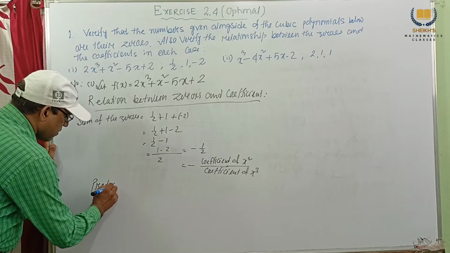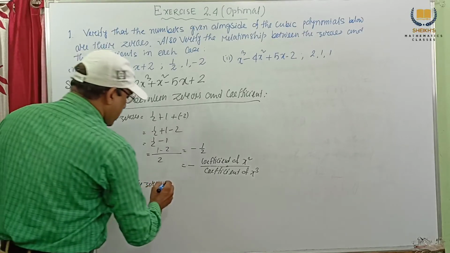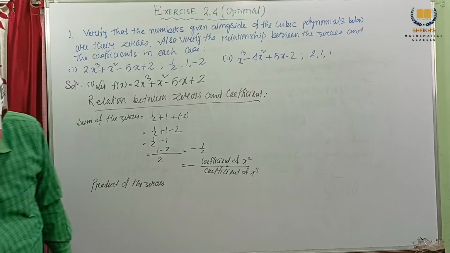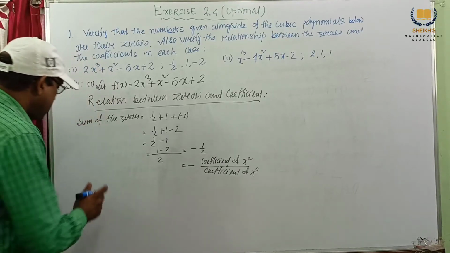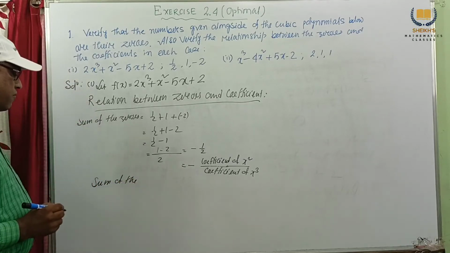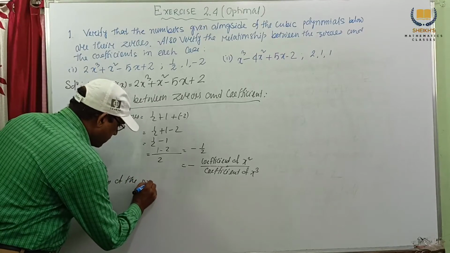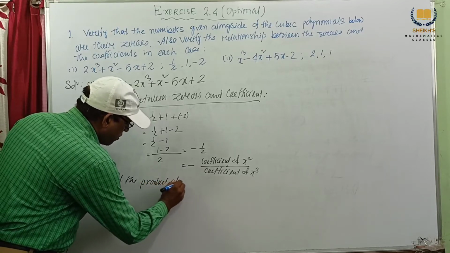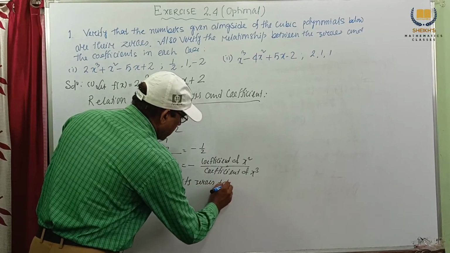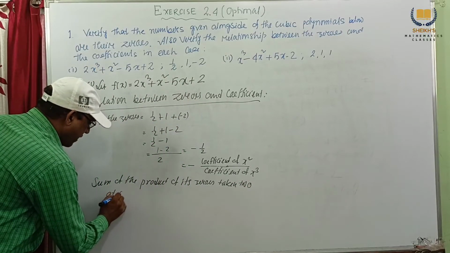That is, the sum of the product of its zeros taken 2 at a time.